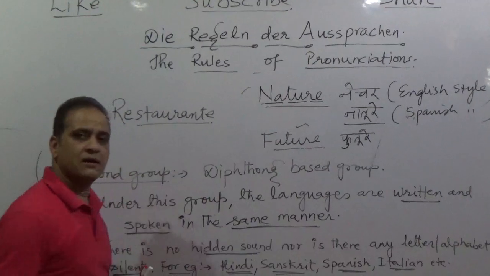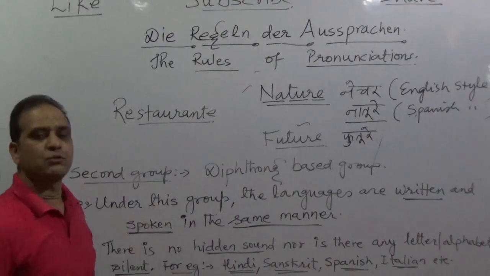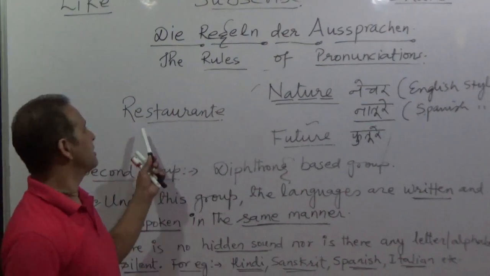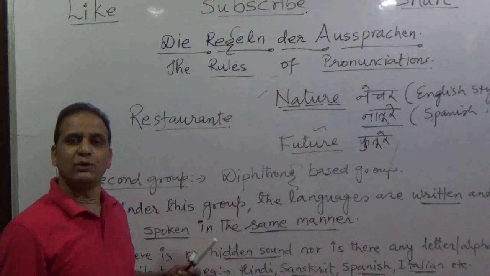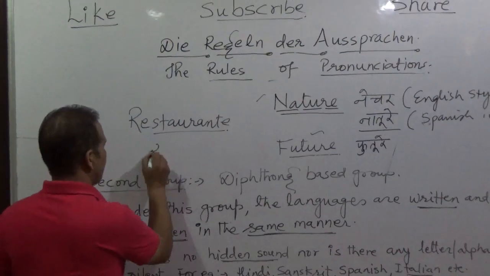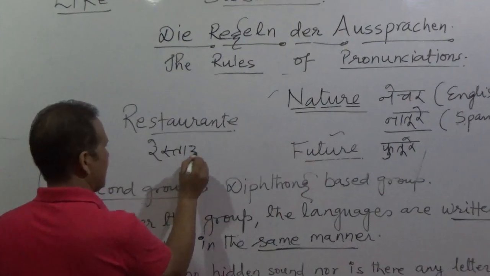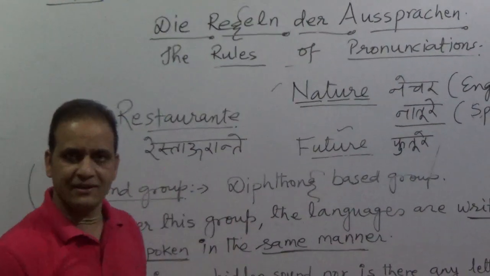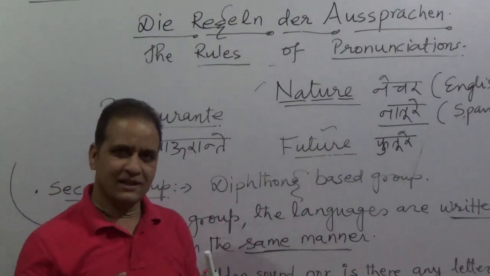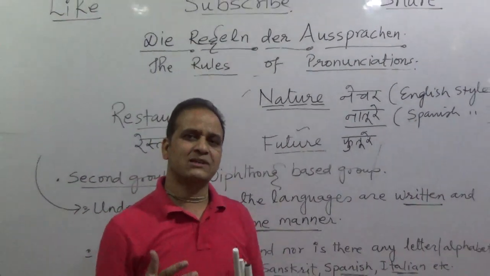Again, this is a Spanish word. How will they read it? Restaurante. The way it is written, you will speak it in the same manner. Restaurante. So you have learned what we mean by phonetic based languages.